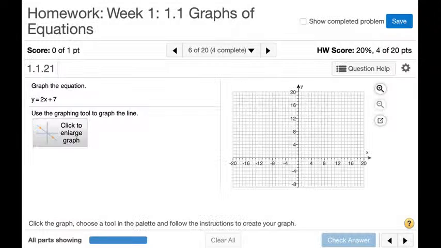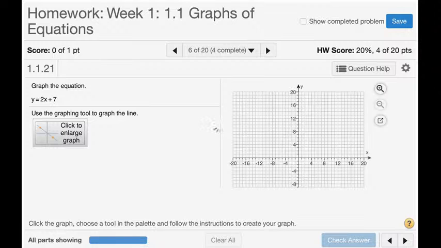Graph. Okay, we can graph this. Okay. So what I'm going to do, click to enlarge the graph and make sure we're showing everything. Yeah, let's go. Why are you moving so slow today?